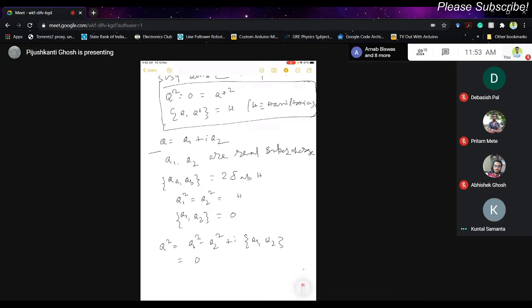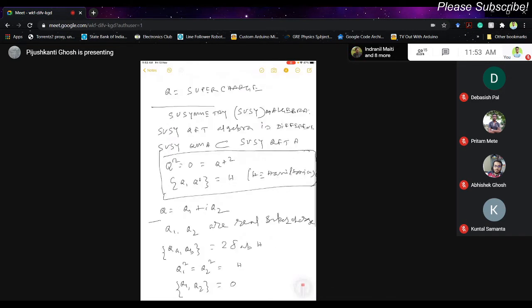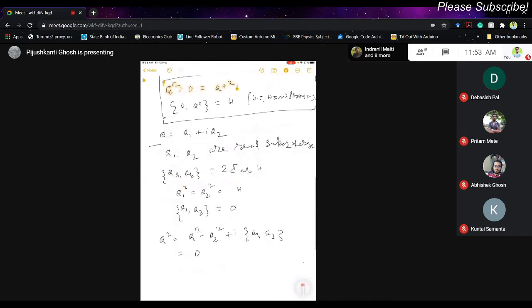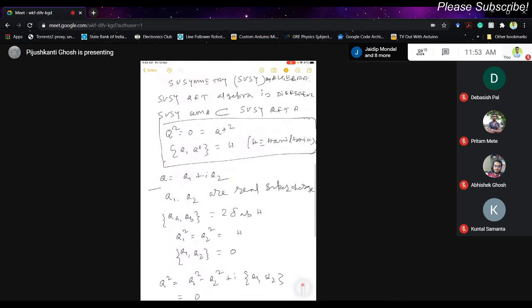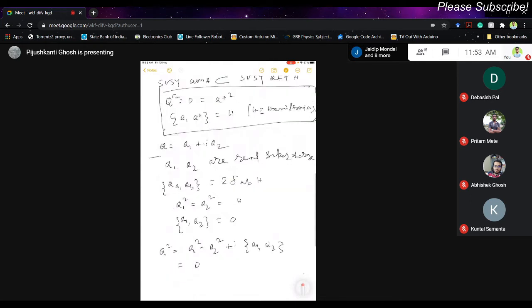What I want to tell you is that the same algebra can be cast into different forms. We'll be following this one, and we may follow the other one also. There is no problem. Now you see that the anticommutator of QA and QB is 2 delta AB, where A and B run from 1 to 2.